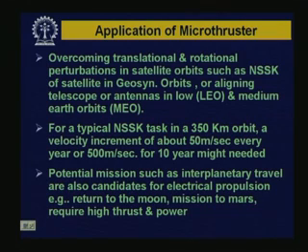LEO is low earth orbit and MEO is medium earth orbit. For a typical NSSK task in a 35 kilometer orbit, a velocity increment of about 50 meter per second every year, or 500 meter per second for 10 years might be needed. So, that means it is not instant use, you need it at different times.